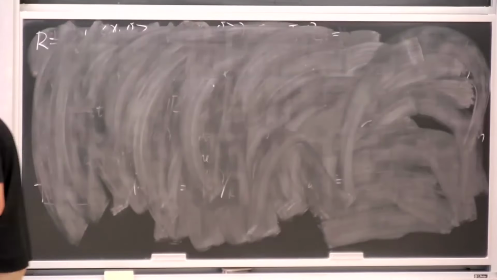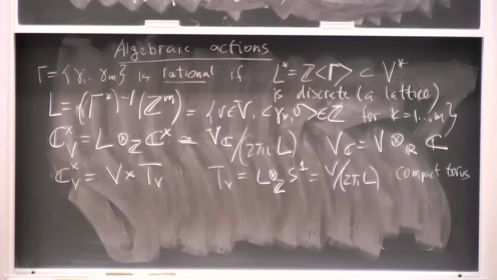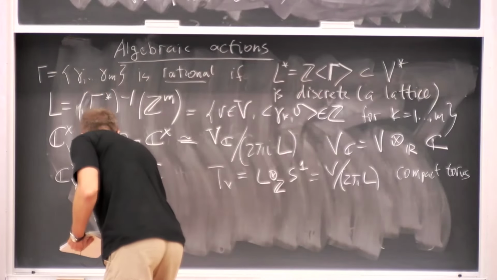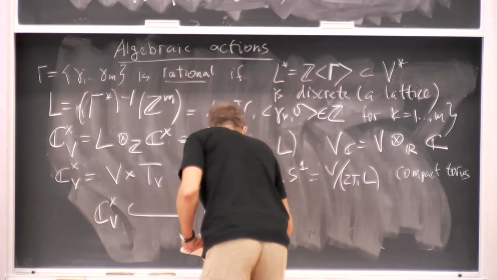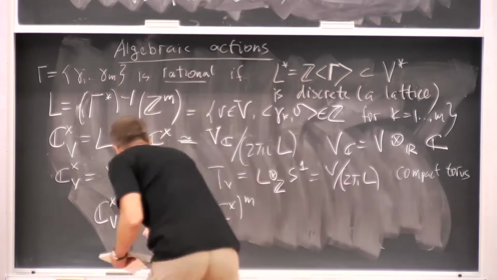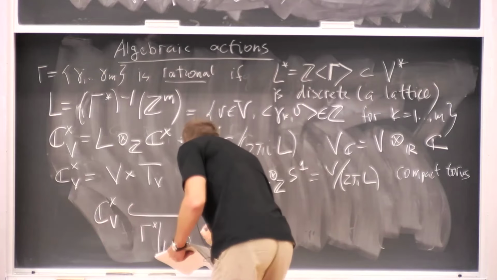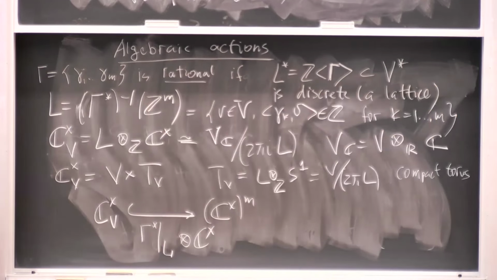Now you have this injective homomorphism, right? That algebraic torus embeds into the big algebraic torus via a map from V to R^m.